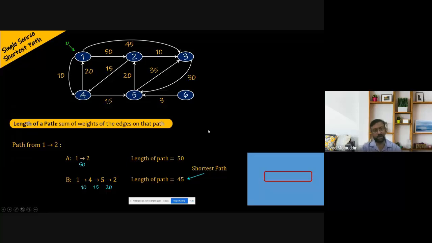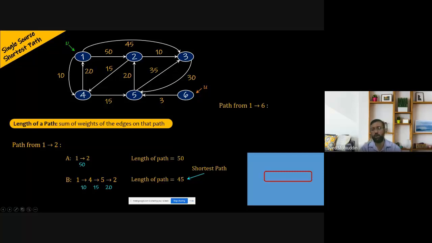Let us look at another example. Let us consider vertex V as 1 and vertex U as 6. What will be the path from vertex 1 to vertex 6? Is there a direct path? No. Is there an indirect path, in the sense a path traveling through several different vertices? That is also not possible, because this is a directed graph and vertex 6 doesn't have any incoming edge.